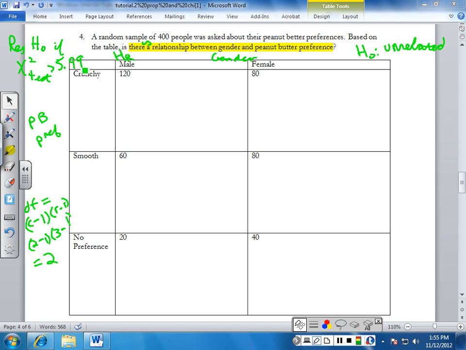So I have all my values here, and in the first row I have a total of 200 values. In the next 140, that's just 80 plus 60, and then 60. And then in the first column I have 200.